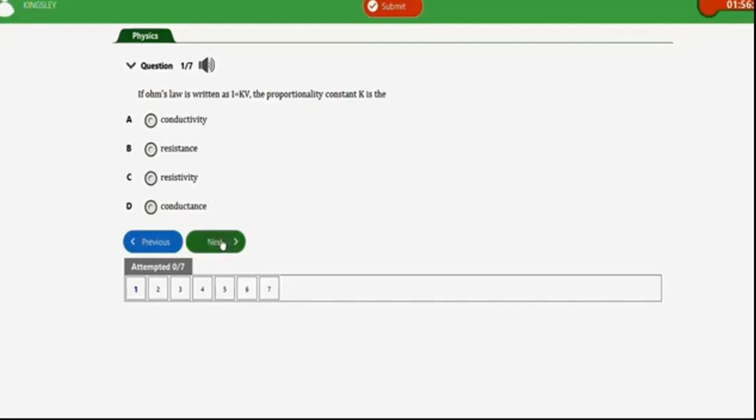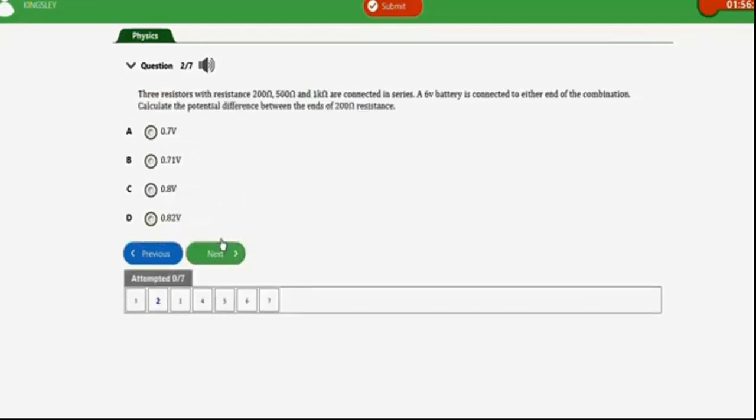Let's go to the next repeated question, which is this one. It says three resistors with resistance 200 ohms, 500 ohms, and 1 kilo ohms are connected in series. A 6-volt battery is connected to either end of the combination. Calculate the potential difference between the ends of 200 ohms resistance. Firstly, let's calculate the sum of the resistance in series.